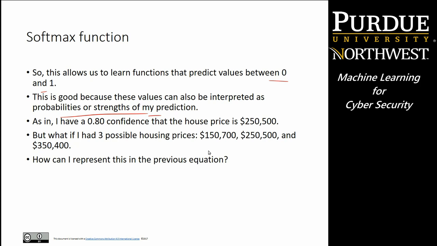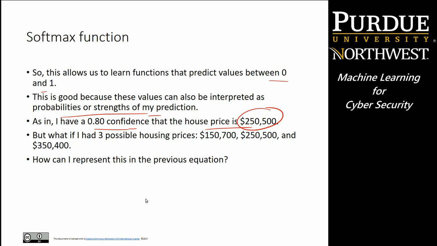Do you see that? So that's what you're giving it to learn. And so by building this softmax conversion, you can actually learn those numbers. All right, so this can be interpreted then as I have an 80% confidence that the housing price is $250,000. So it basically means that was high, the other ones are low. So it's really 0, 1, 0, right?